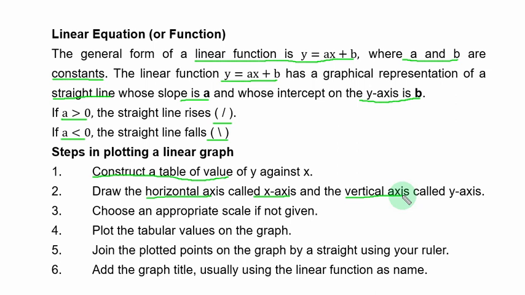Choose an appropriate scale if not given. Very important, you choose a scale. 4. Plot the tabular values on the graph. 5. Join the plotted points on the graph by a straight line using a ruler, not your hand.